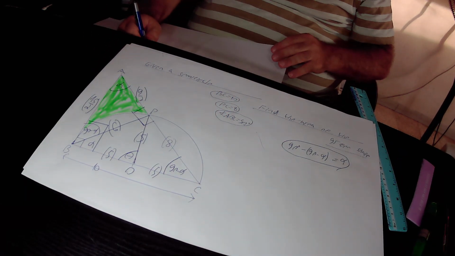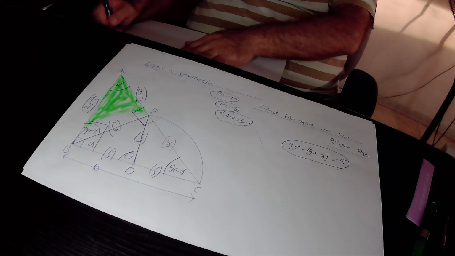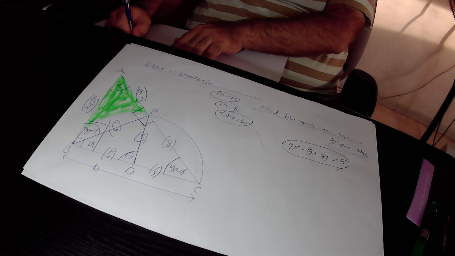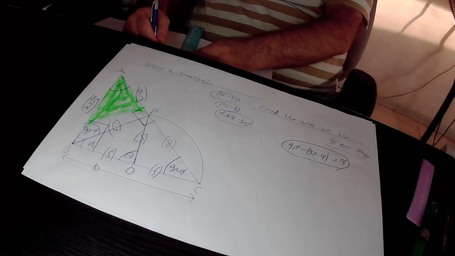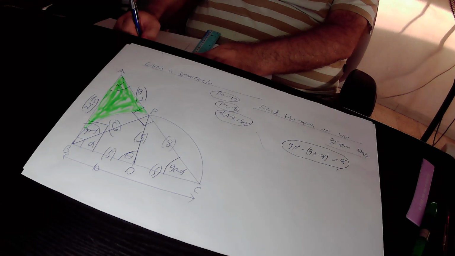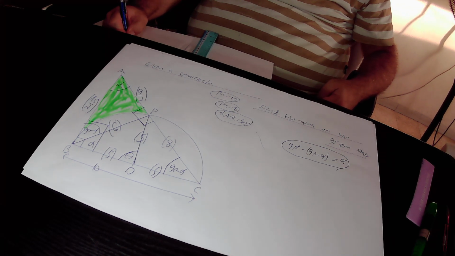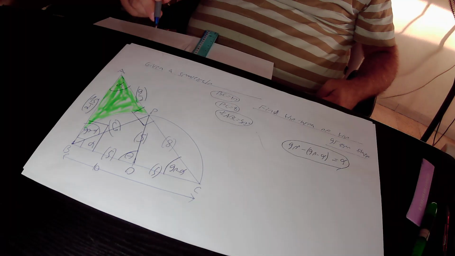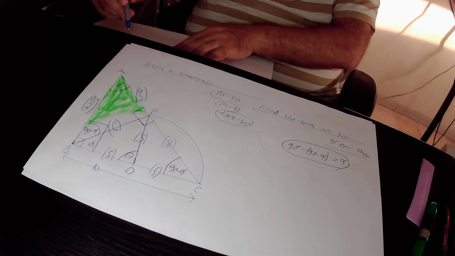According to the law of cosines, in triangle POB, the following equation will be true: cosine theta equals 5 squared plus 5 squared minus 6 squared over 2 times 5 times 5.